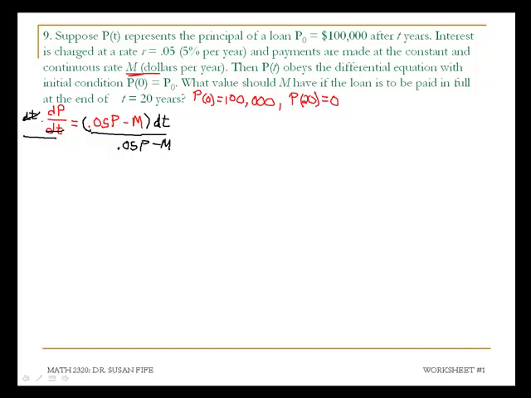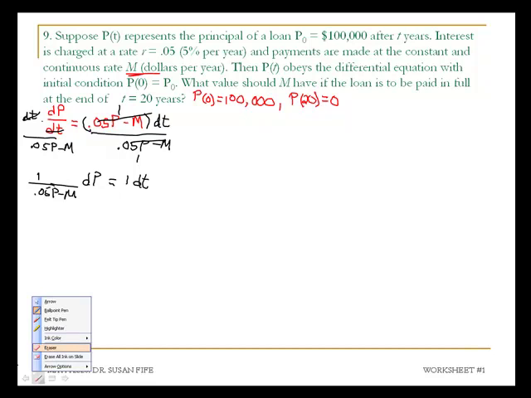That gives me 1 over 0.05P minus m, all in the denominator, dP is equal to 1. These will cancel out to give me 1 dt. And now I can integrate.